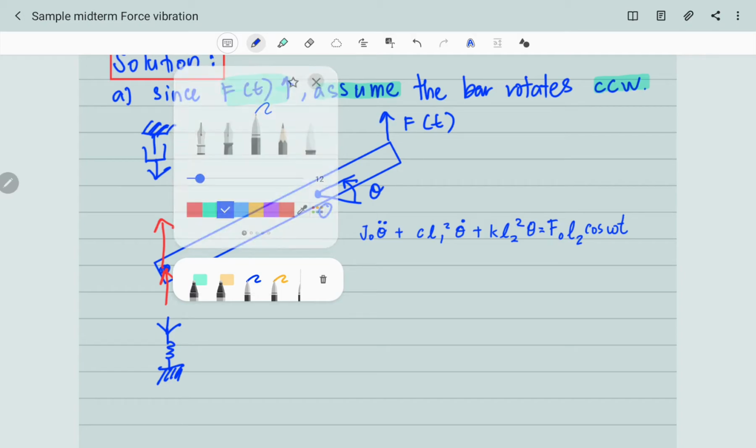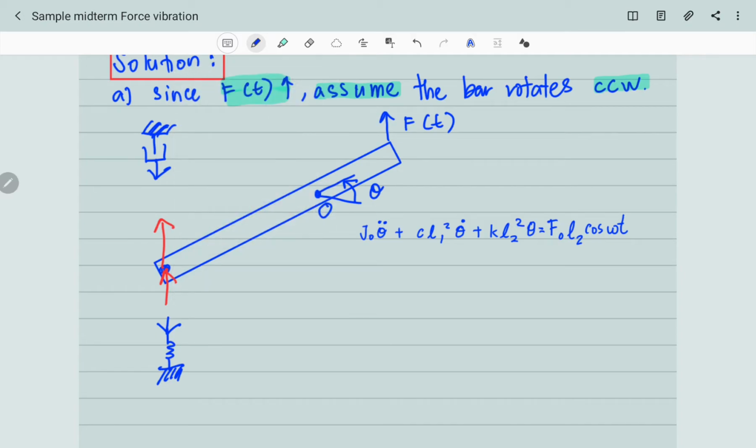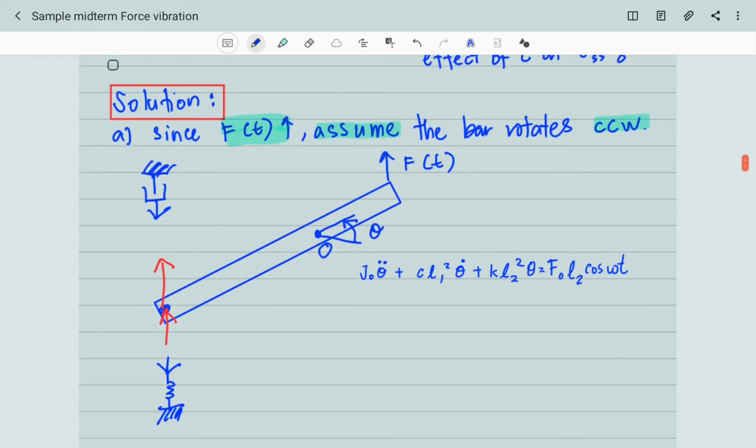But before that, let me write the forces here to complete your free body diagram, which I forgot to do. This is a linear damper. L1 theta is basically x. It's a linear damper, so it should be x dot.